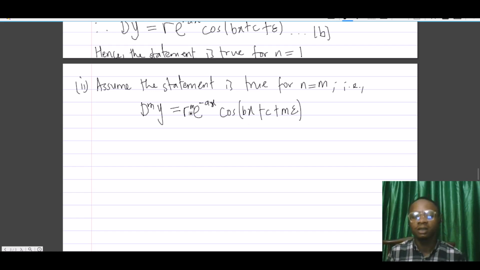So that's basically replacing n by m wherever we had it in our formula. So this is an assumption that we will now use in the third step.